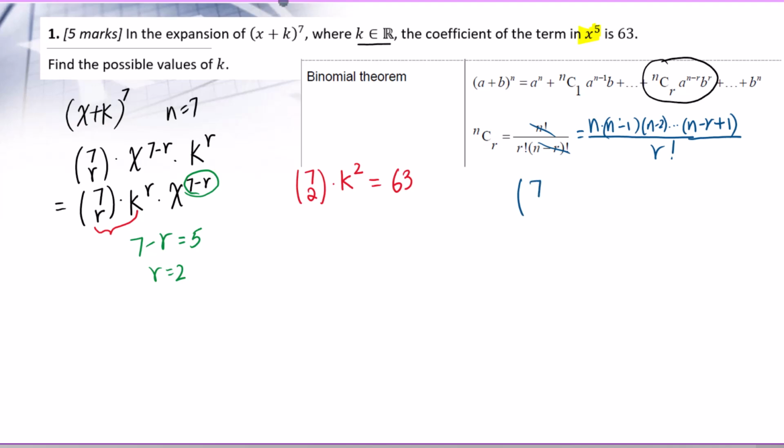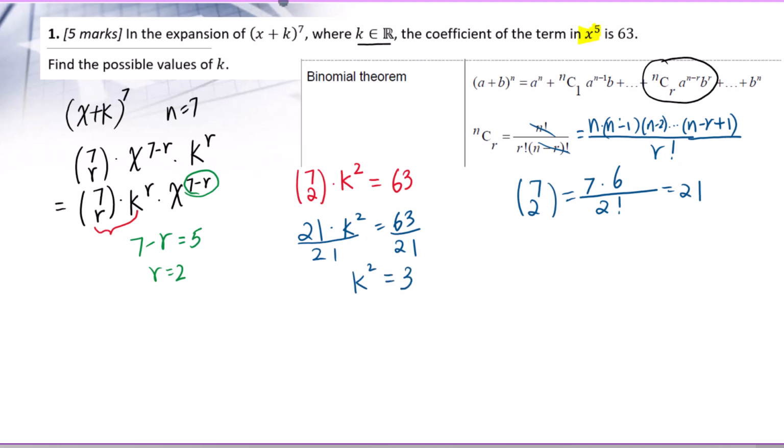So 7 choose 2 equals 7 times 6 over 2 factorial equals 21. 21 times k squared equals 63. Divide by 21 on both sides. K squared equals 3. So k equals plus or minus the square root of 3.